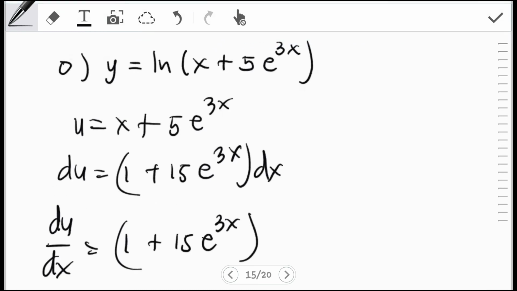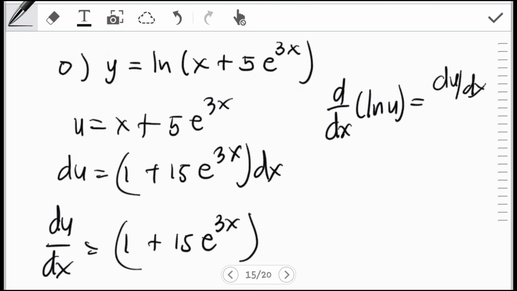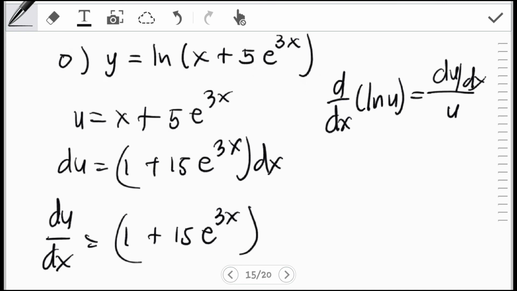So again, we apply this formula. Okay. So d over dx of ln u is equals to du over dx over u.